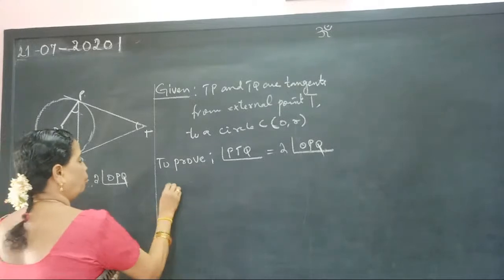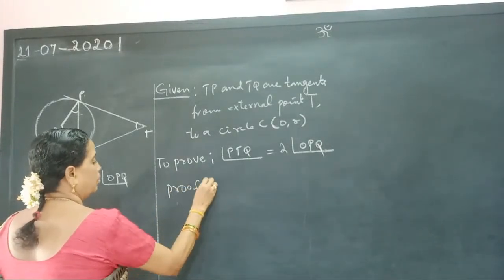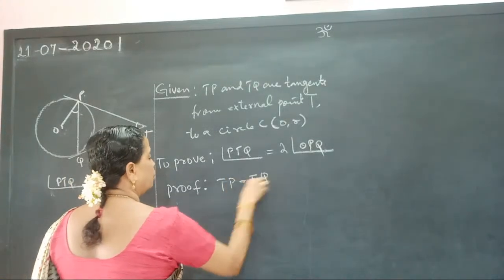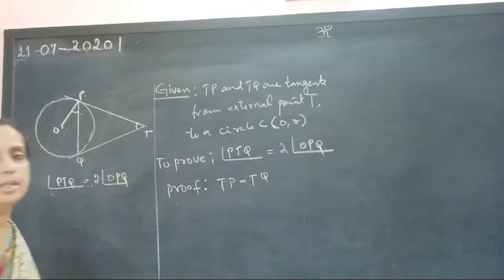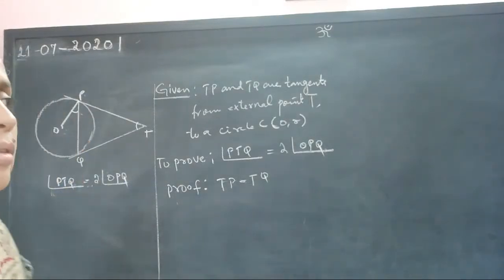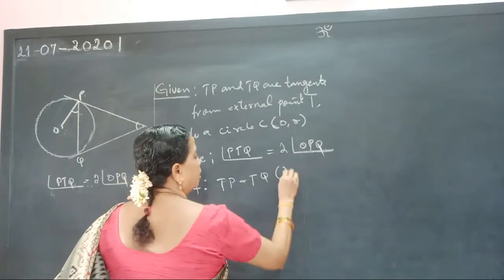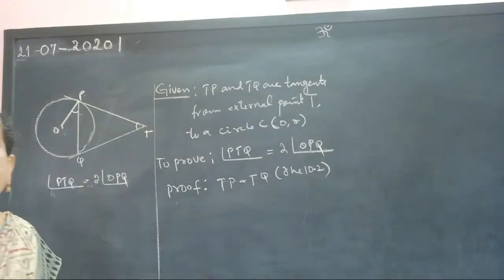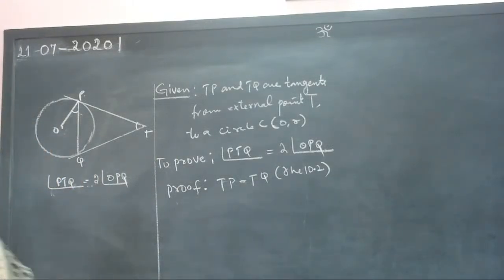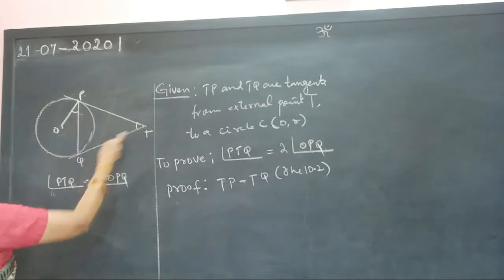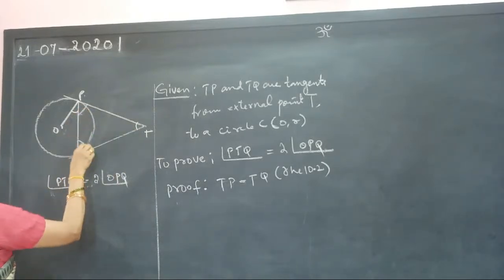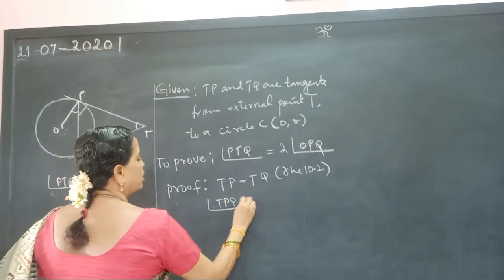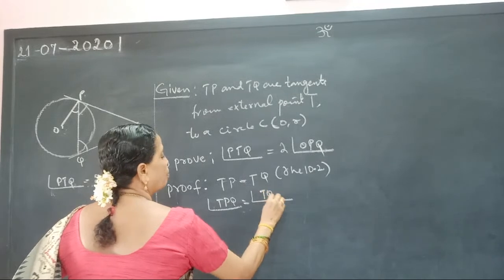Proof. TP equals TQ. Why TP equals TQ? According to theorem 10.2, they are the pair of tangents from an external point. When TP equals TQ, these two angles are equal, right? That is angle TPQ equals angle TQP.